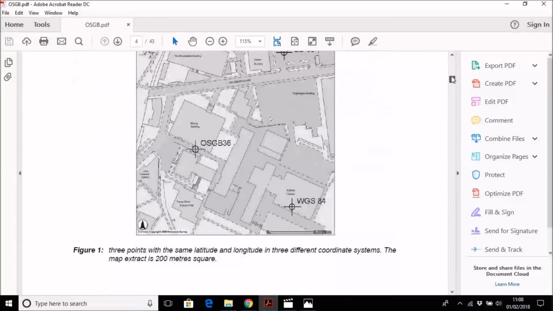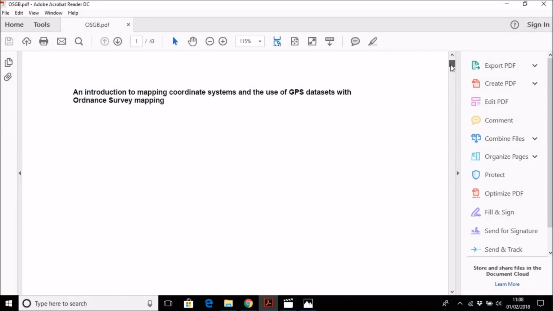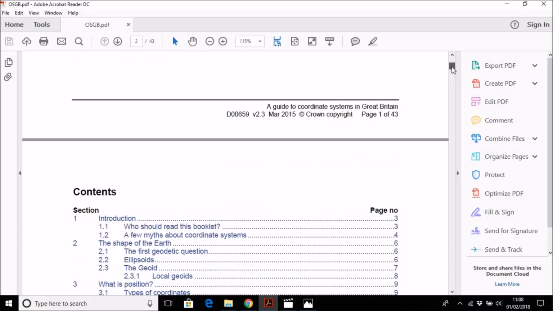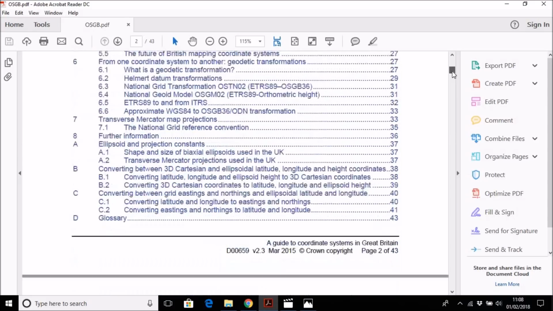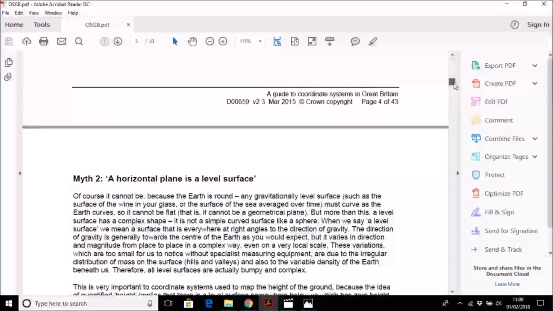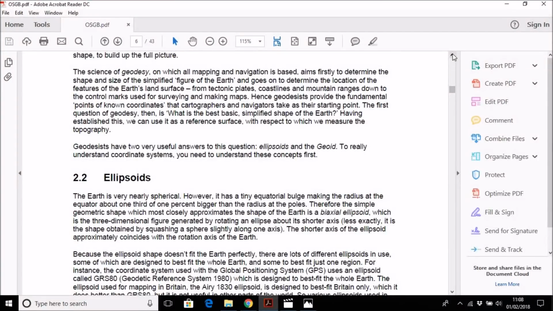And I really recommend having a read of this, because it really will explain a lot about how mapping is done, how coordinate systems work, how the Earth is shaped, and how we know that it's shaped that way. And it gives a good start point anyway to lead on to other things. It will take some effort though, guys, especially if you're a little bit challenged in that department, as some people seem to be.